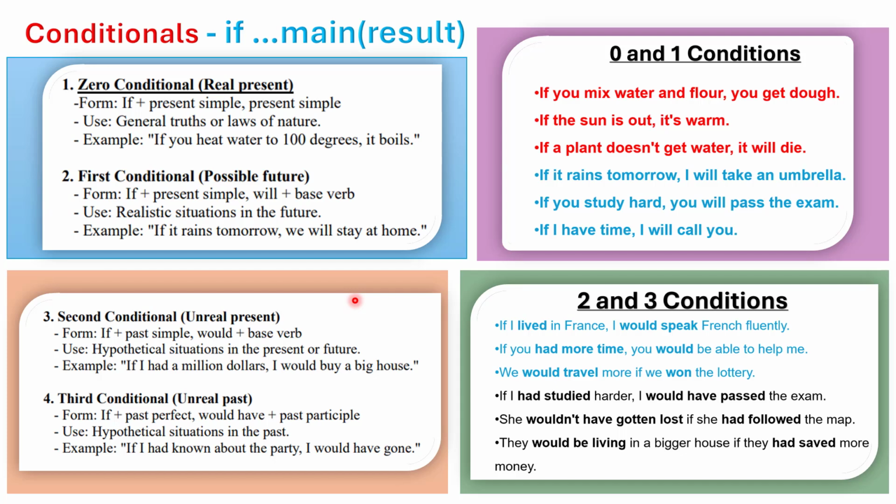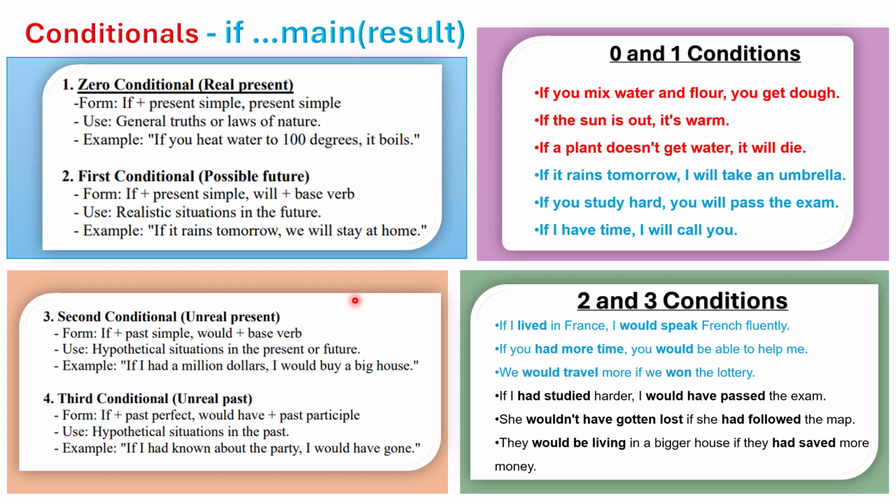For example, if I had $1 million, I would buy a big house. Of course I do not have $1 million, because if I had it, I would not say this sentence. Maybe now in the present or in the future, but it is unreal, it is not possible, because I do not have $1 million.